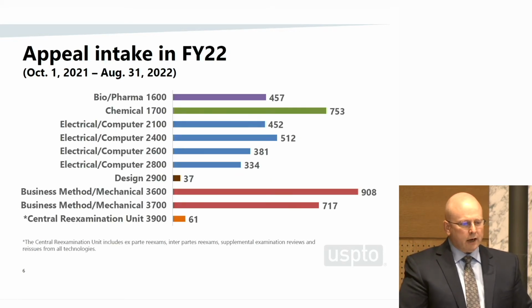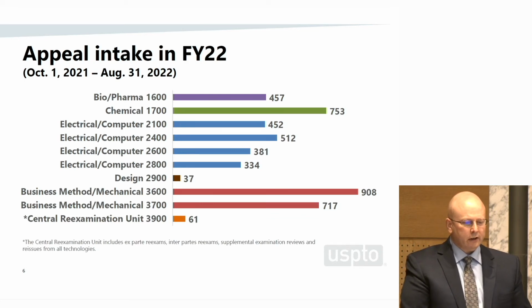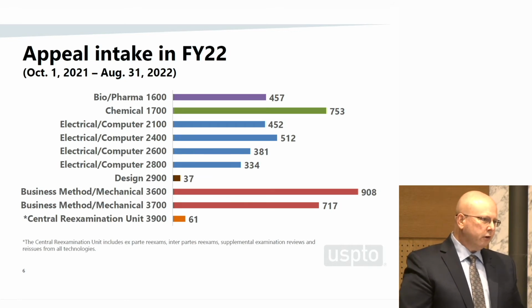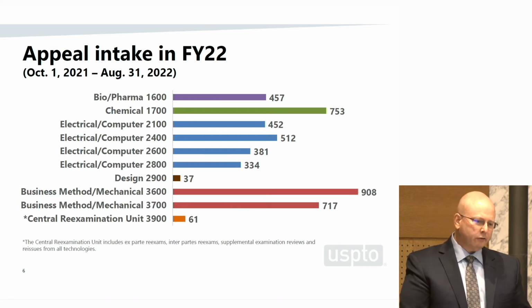This just gives you an idea of the appeal intake in our fiscal year 2022, what technology centers were the most popular. You can see that there are 4 categories of electrical and computer appeals. This is broken down by the technology center in the USPTO where the cases are examined, so this maps to the examining corps.